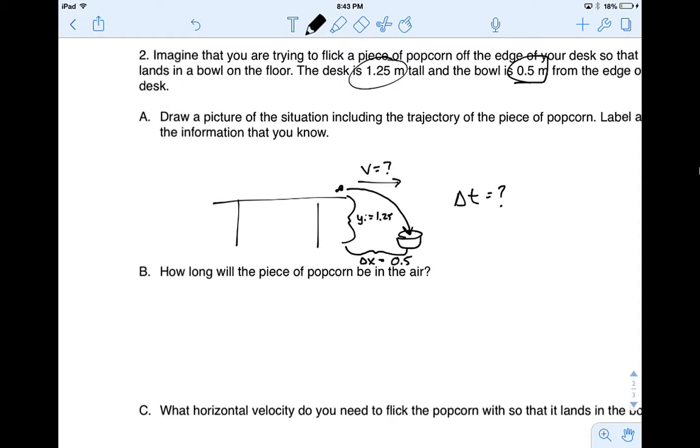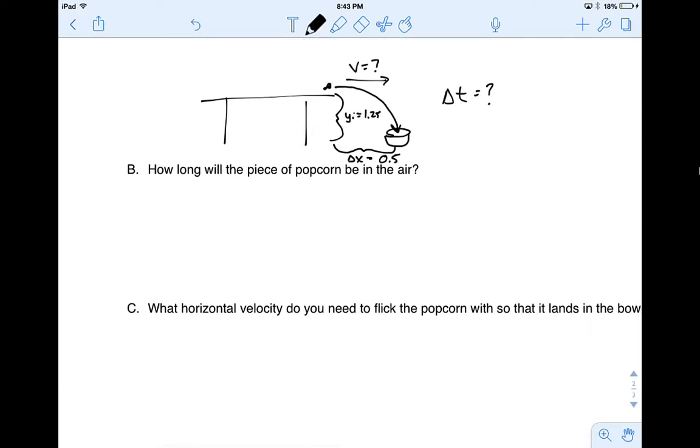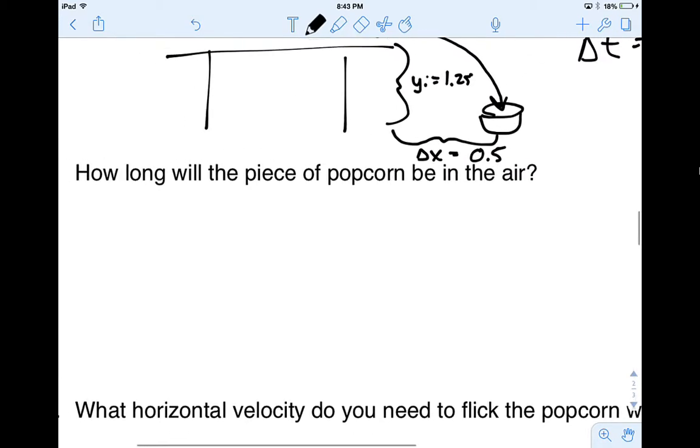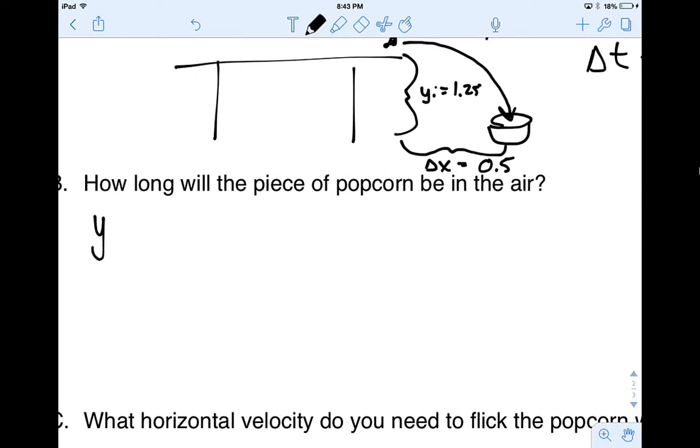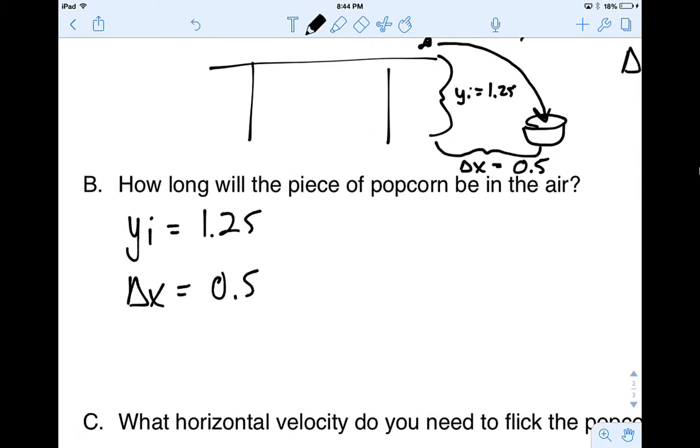So how long will a piece of popcorn be in the air? Let's just start with what we know. We know yi. We know delta x, 0.5. And we're trying to find how long it will be in the air. That sounds like a time, so that's delta t.